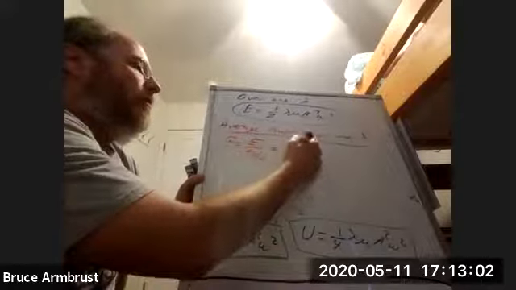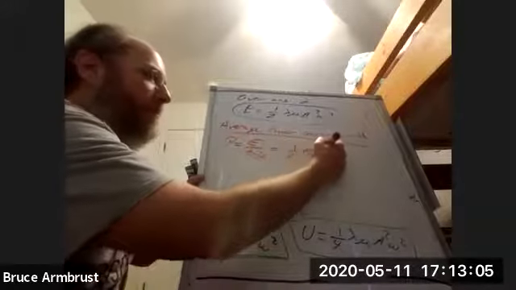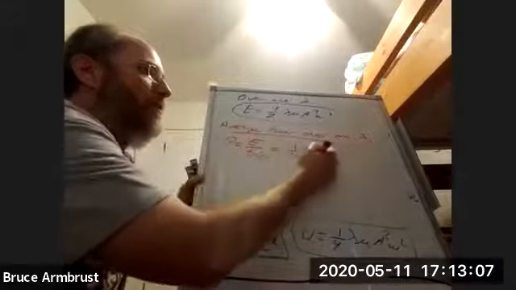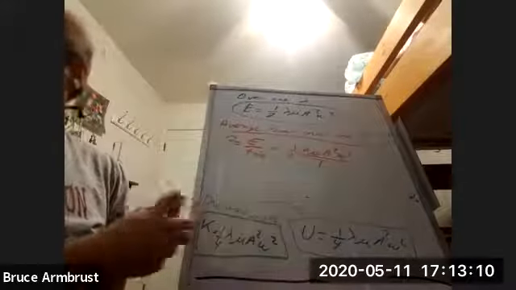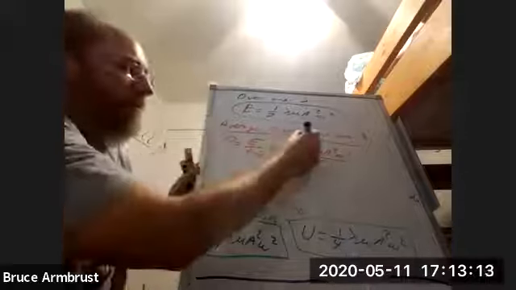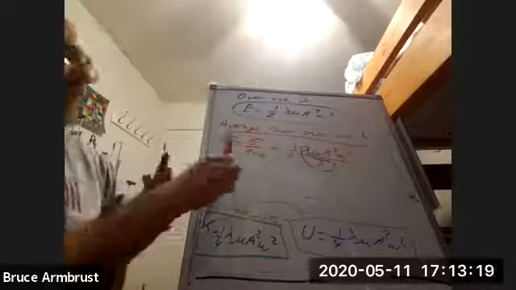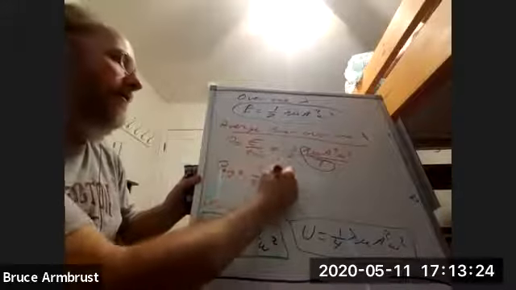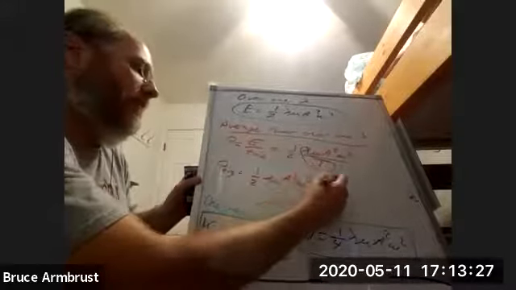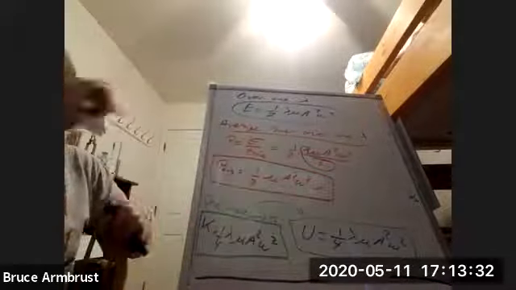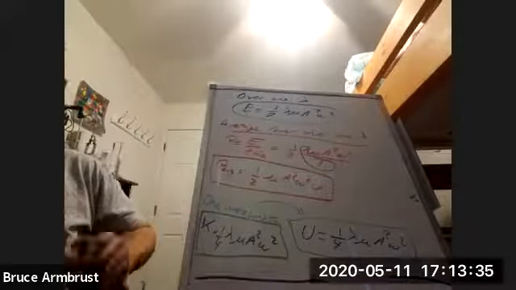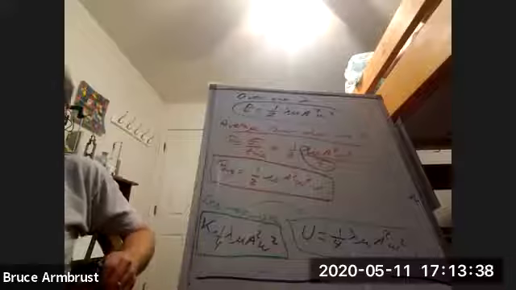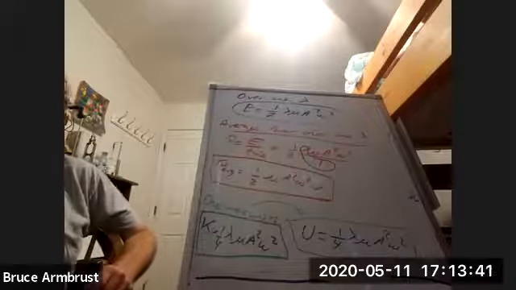So we're going to have 1/2 lambda mu A squared omega squared over our period. But this right here, wavelength over period, that's just your velocity. And so what we get for our average power is 1/2 mu A squared omega squared v. So let's go ahead and put a box around that, because that's how much power is being supplied, I guess, by a mechanical wave on a string.